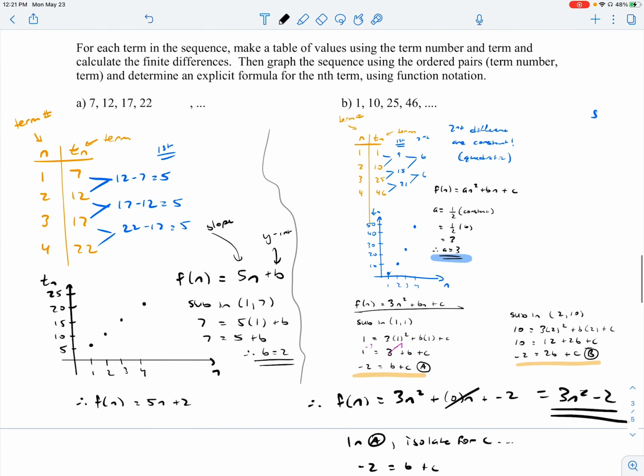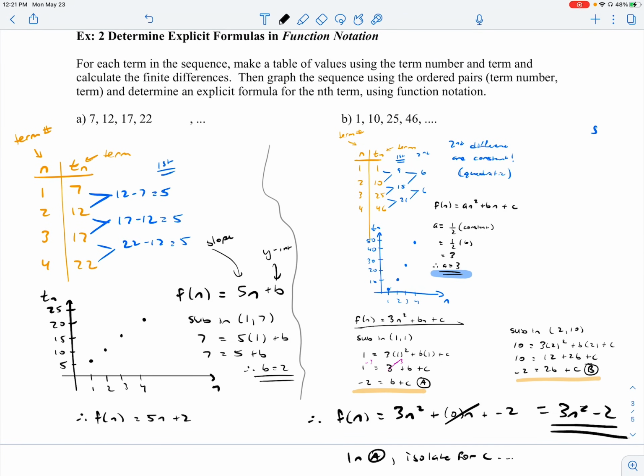Now, there are probably other ways you could have determined this equation. The approach I just took is a little bit systematic. It works all the time. So you do your finite differences, first find A, and then use substitution to get the rest, B and C. The other way we could have done this is to back up one term and find when n was 0 by following the finite difference pattern.